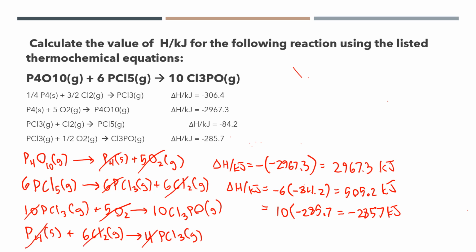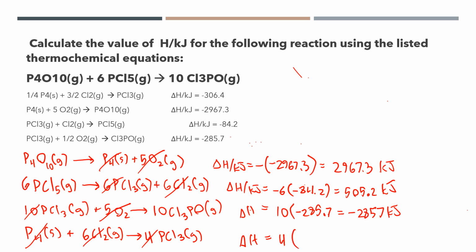Let's check to make sure everything's left. If I had more room, I'd write it out. But you have P4O10 plus 6 PCl5. Yep, that's what we got up here so far. Nothing else on this side goes to 10 Cl3PO. And I forgot to put this one out. So let's times that by 4.